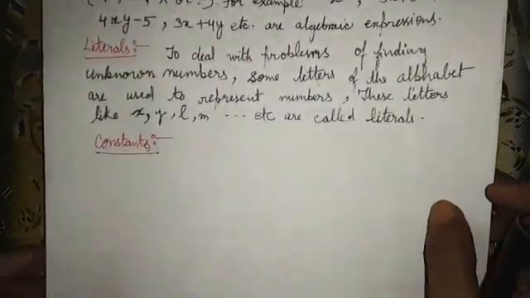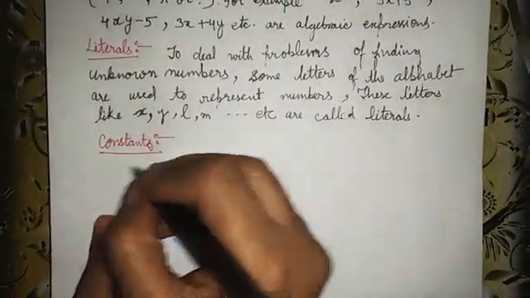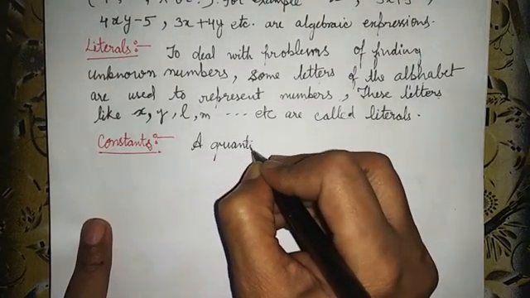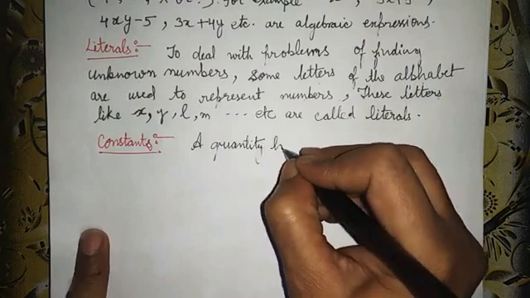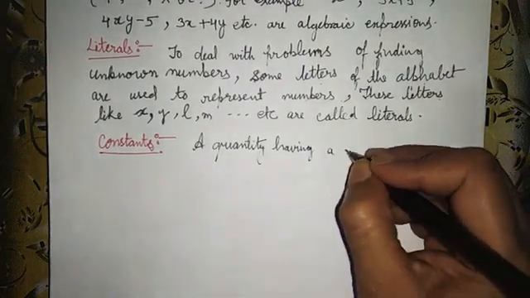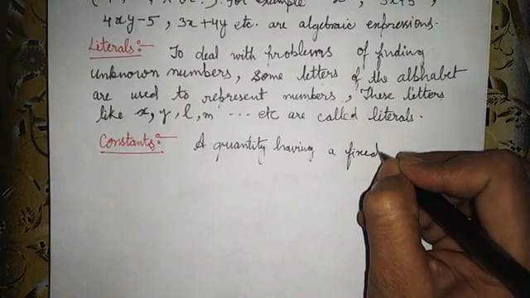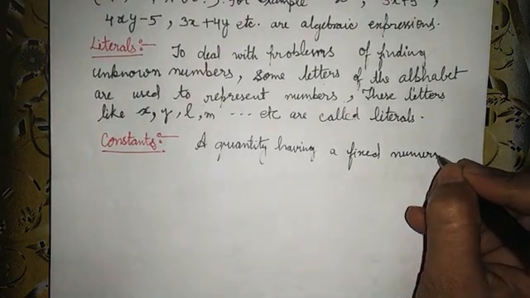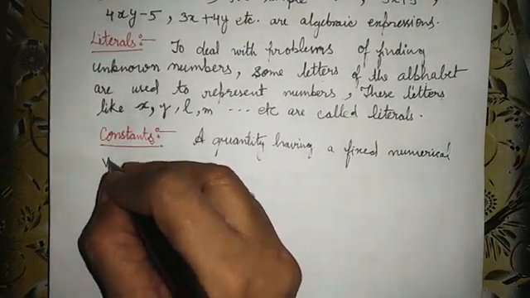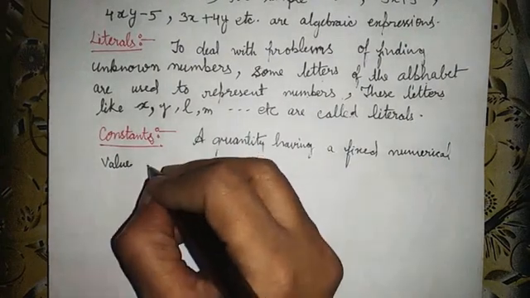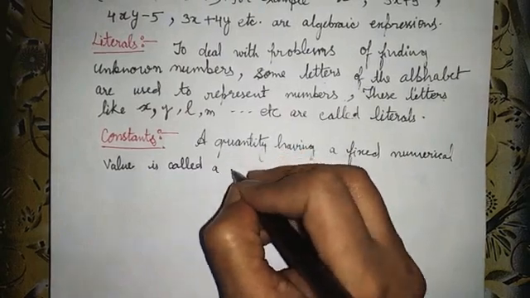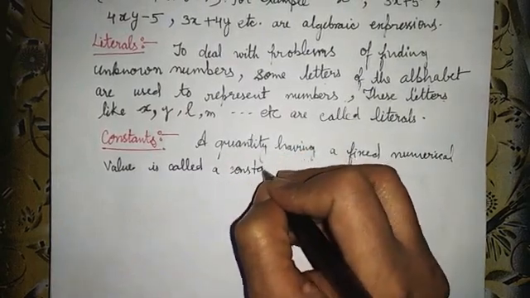Here I am writing: a quantity having a fixed numerical value is called a constant.